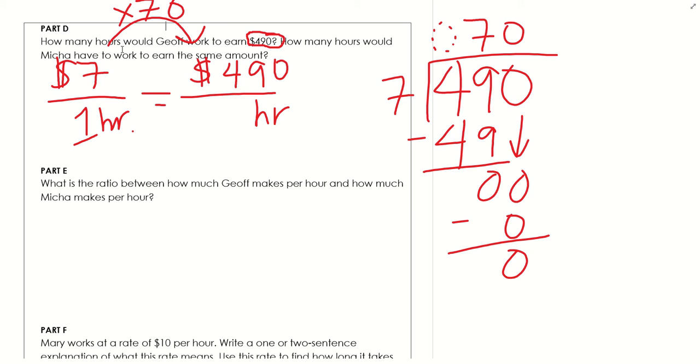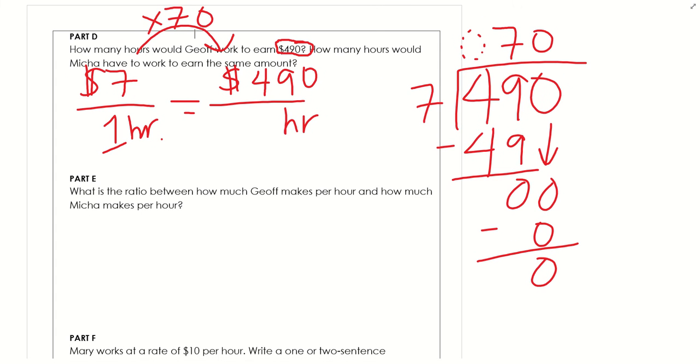That's right, I need to multiply my denominator by 70 as well. 1 times 70 is 70, which means it would take both of them 70 hours to make $490. I know this because 7 times 70 is 490, and 1 times 70 is 70. I will type that for you and put it up there.